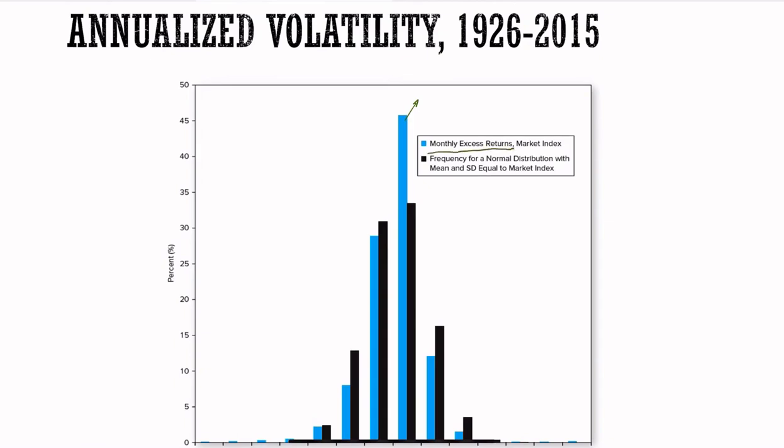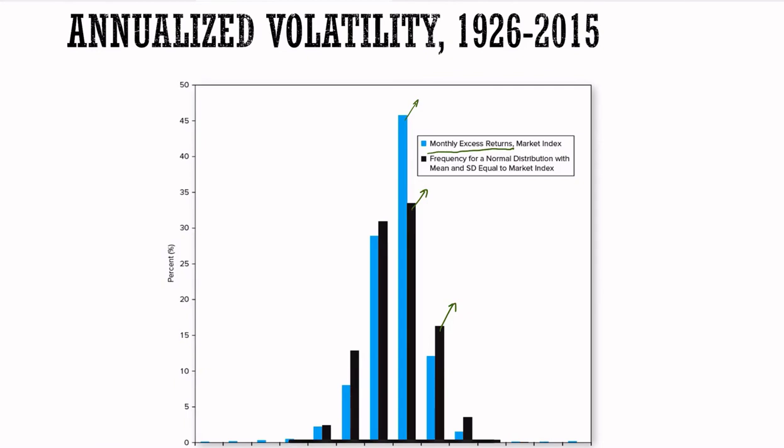So these are the distribution for actual returns. And for these black bars, we're looking at the frequency for returns implied by a normal distribution. So this is really a theoretical result.